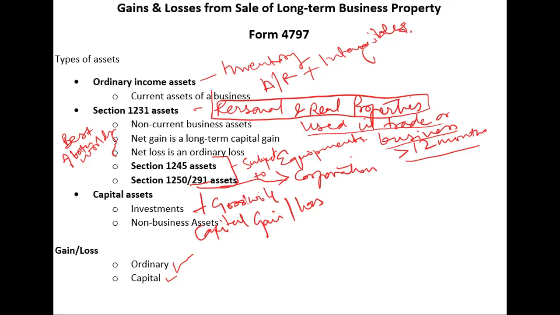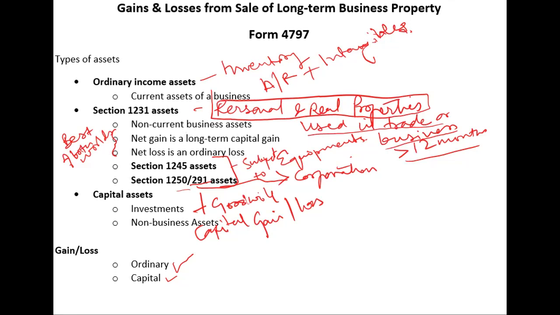Net gain is a long-term capital gain, and net loss is an ordinary loss. So capital gain treatment for section 1231 allows a tax rate of 0 to 20% on net section 1231 gains, subject again to 1245 and 1250.